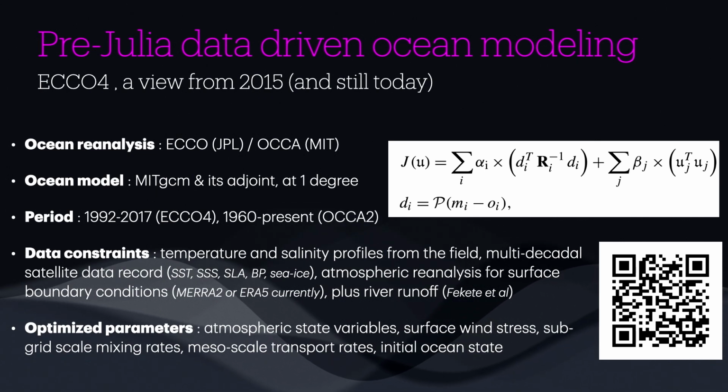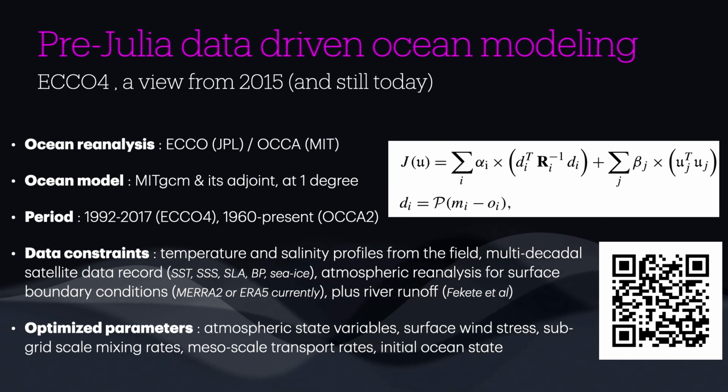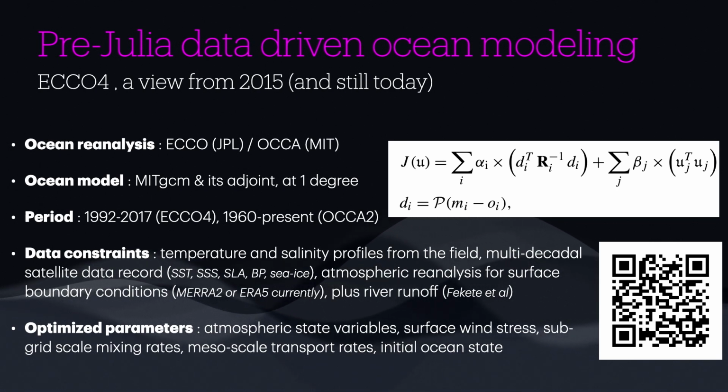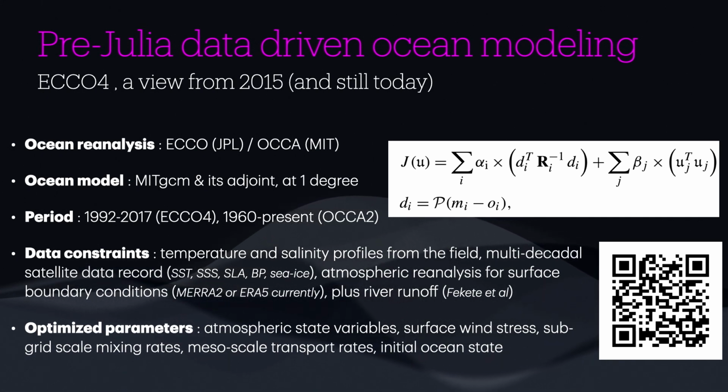I'll show you more details in the next slide, but the box here is the so-called cost function. That is already familiar if you've looked at some of the discussions yesterday. That is the measure of the overall misfit between a model solution and a whole set of data sets.